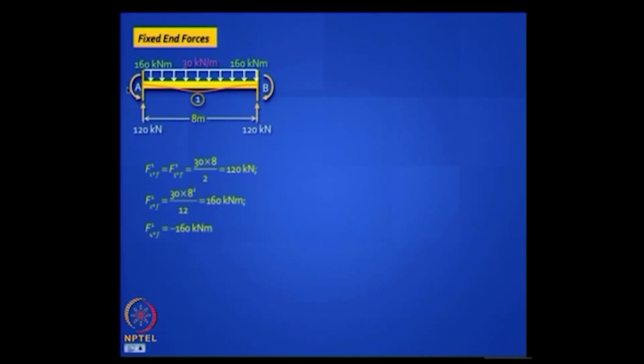On the left side I have correctly shown it as anti-clockwise, which means it will turn out to be positive. So F2 star F is plus 160 kilonewton meter. On this side it is actually clockwise, so it is minus. So this is the only thing you have to be careful about. You are now switching sides.